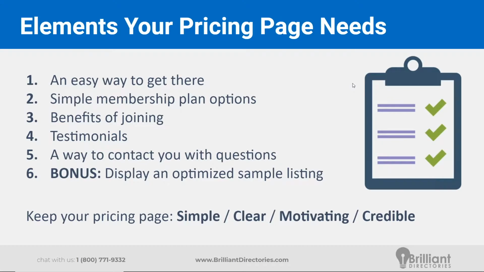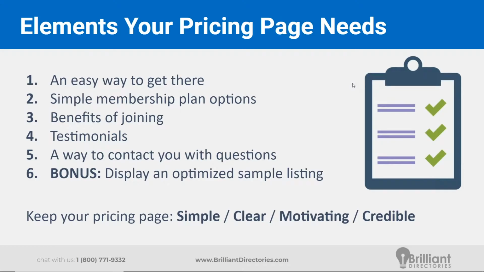Just want to touch on number 1 here, an easy way to get there. Having a public pricing page is usually normal for most sites, but the other strategy is sometimes that you have to request to join, or you put a red exclusivity rope in front of the membership plan. So request to be added to our site.